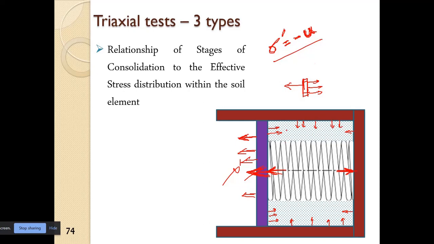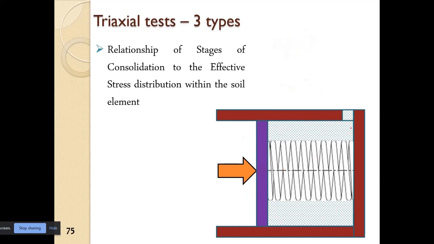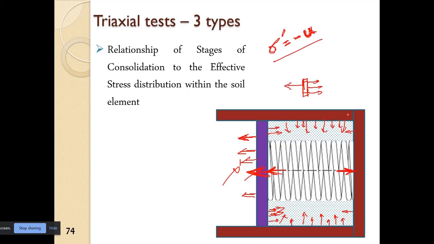All right, so the pore water pressure is trying to pull on all sides, from all sides. Now if we allow the drainage, all right, in this case we did not allow the drainage, so this is again the undrained case.